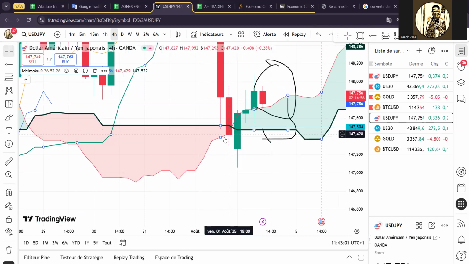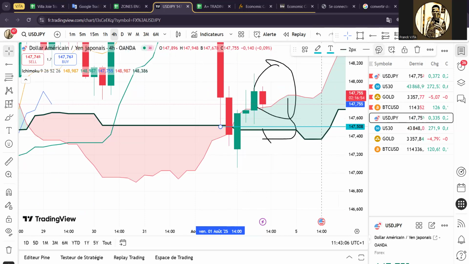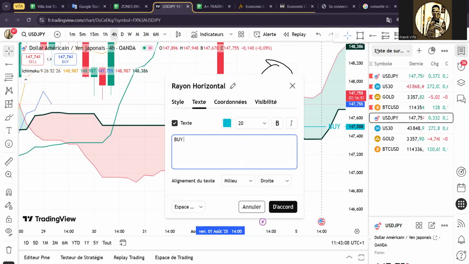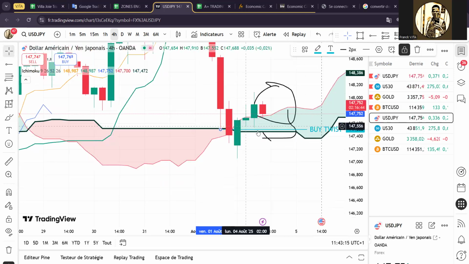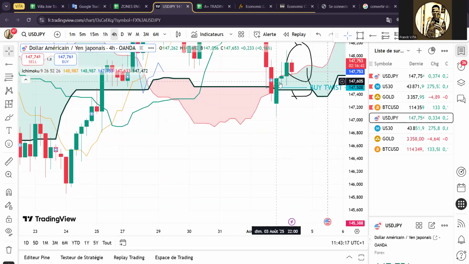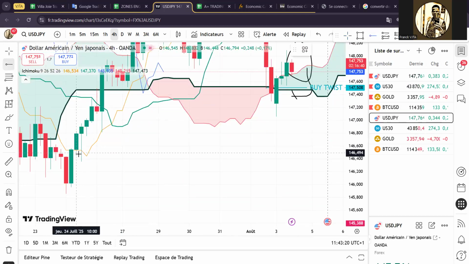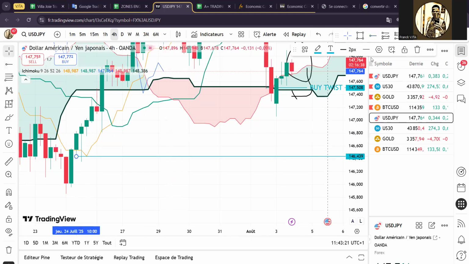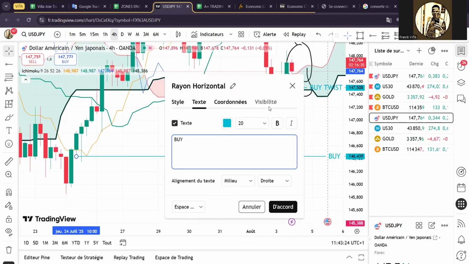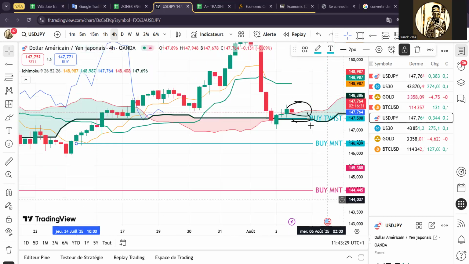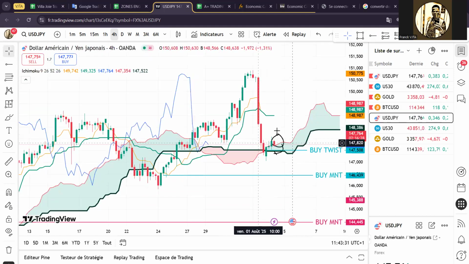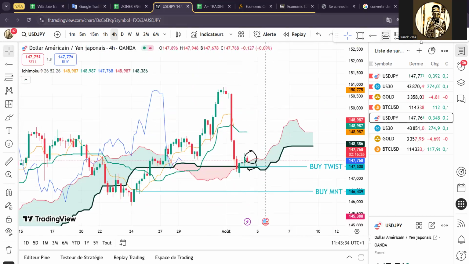If I click on the cloud at a place here, I'm exactly at where I can buy twist. So the twist is getting bought now on 4 hour because you just tap on the twist here, and I have the mountain here that is locked also. Those are my major zones. That's what I will have below the actual price.